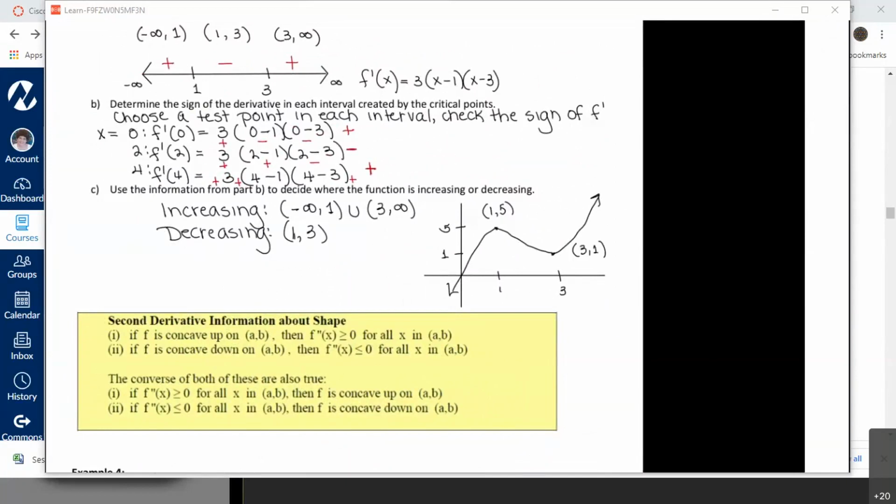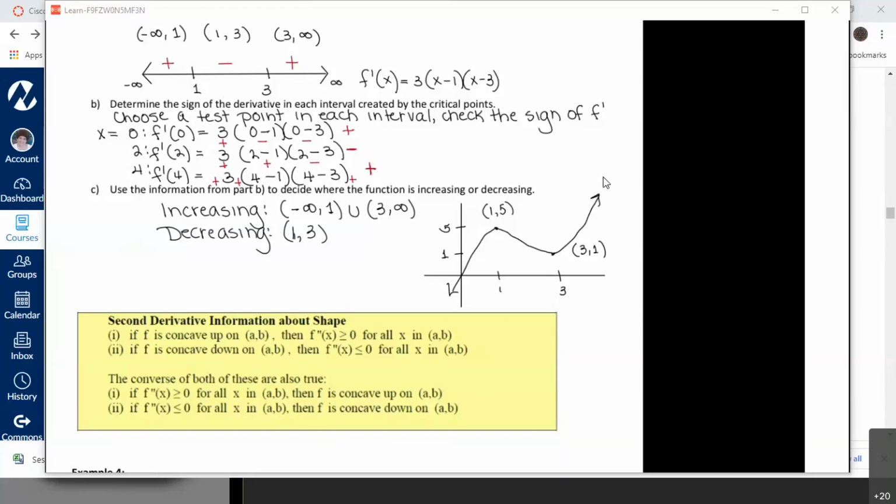See how I used the derivative to graph f. So I use the derivative to create this graph. And again, the point isn't to create a graph by hand. The point is to understand what the derivative's telling you.